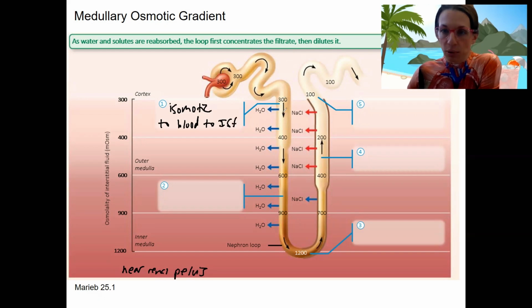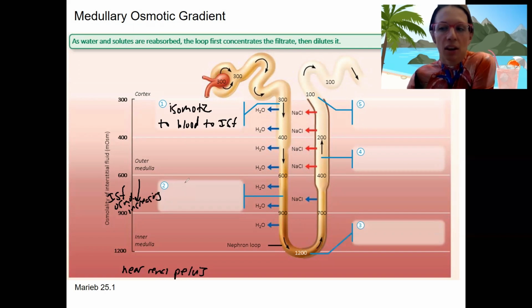ISF at this location. As we start to drop down through the outer medulla, inner medulla, deeper and deeper into the medulla, the osmolarity in the ISF starts to go up. ISF osmolarity increasing as we go down physically.